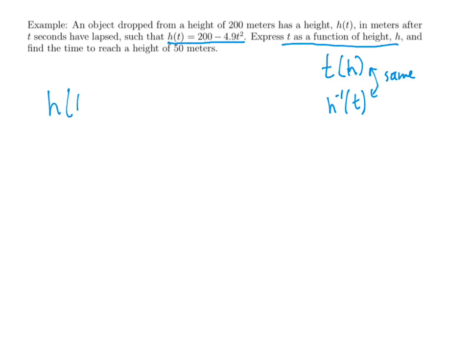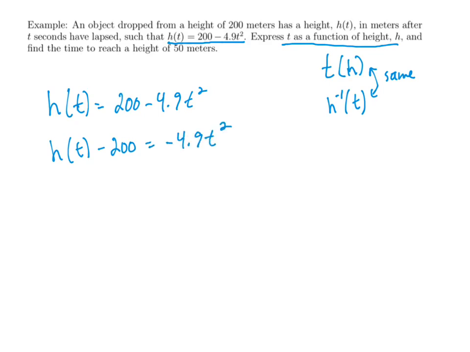So h of t is equal to 200 minus 4.9 t squared. Okay, so we're going to solve for t. I'm just going to keep using the h of t notation. So subtract 200 from both sides.